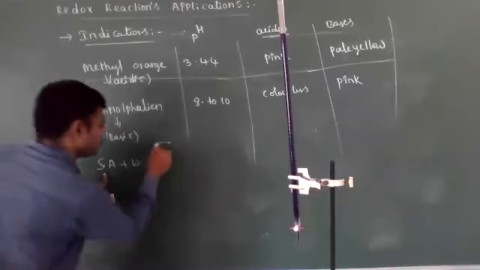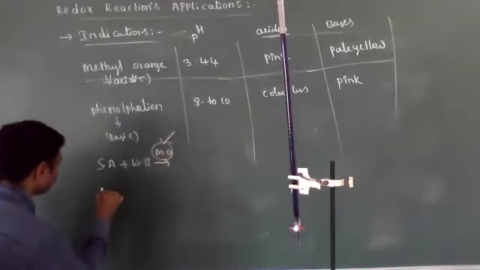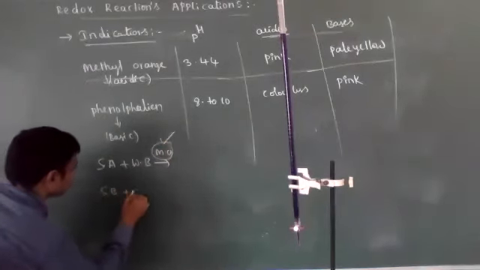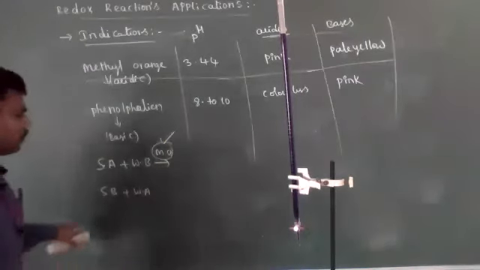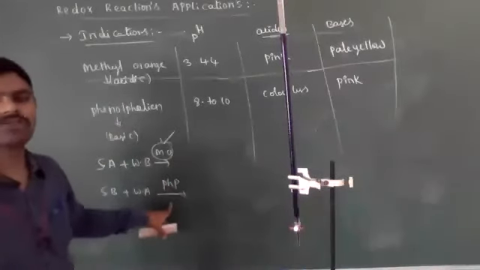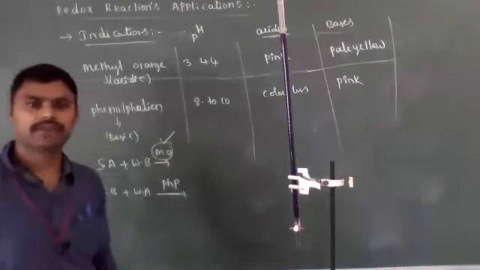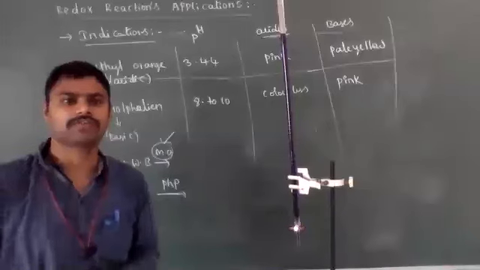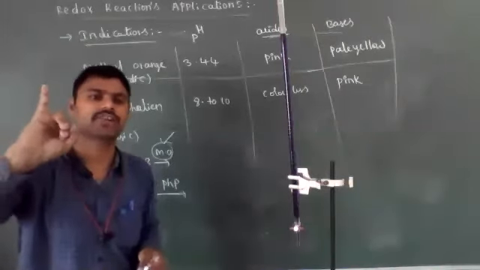For strong base plus weak acid, we need to use phenolphthalein indicator only. So what are the types of acid-base titrations? One is strong acid, strong base titration.